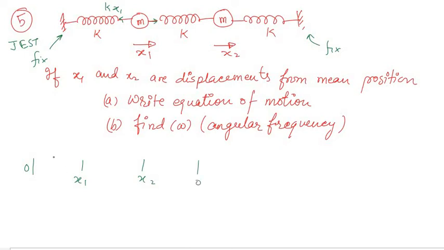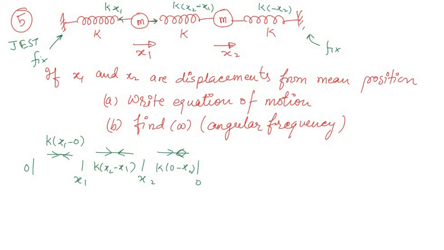So the force that is given by this spring, which will be in this direction and this direction, that is k times x1 minus 0. The force by this spring will be given by k times x2 minus x1. The force in this spring will be given by k times 0 minus x2. Okay, so that will be the force in all the springs. So this will be kx1, this force is equal to k times x2 minus x1, and this force is k times minus of x2.